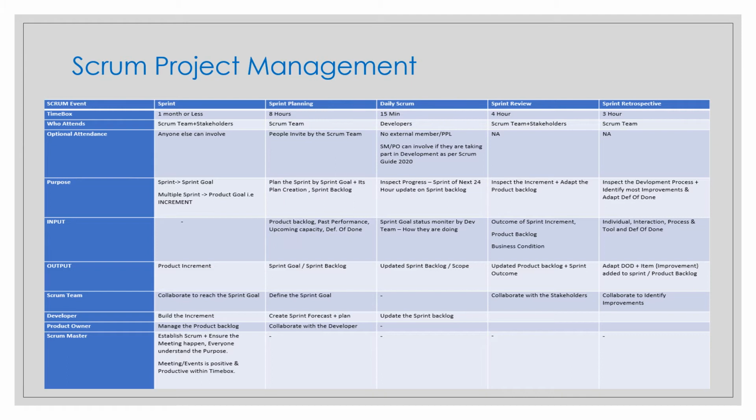So sprint planning is where the work to be performed in the sprint is planned, and the daily scrum is held every day of the sprint, the sprint review is held at the end of the sprint to review the increment, and the sprint retrospective is an opportunity to discuss ways to improve.